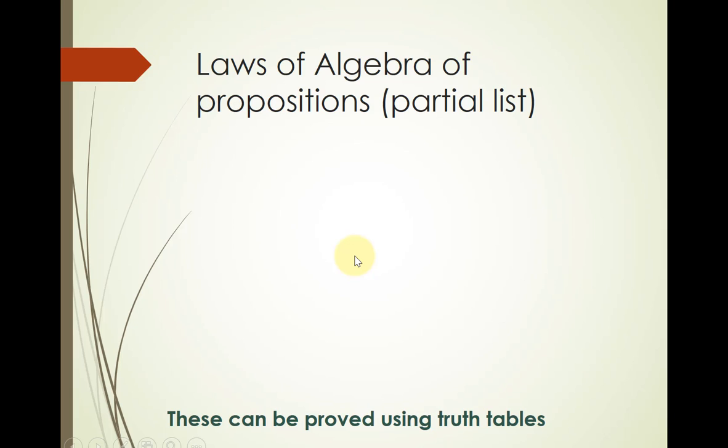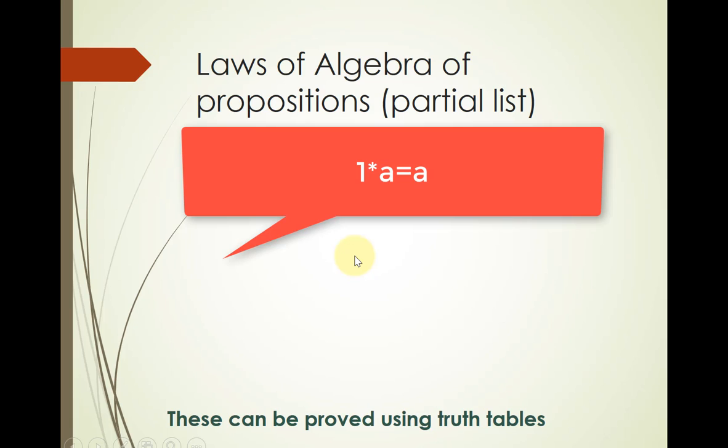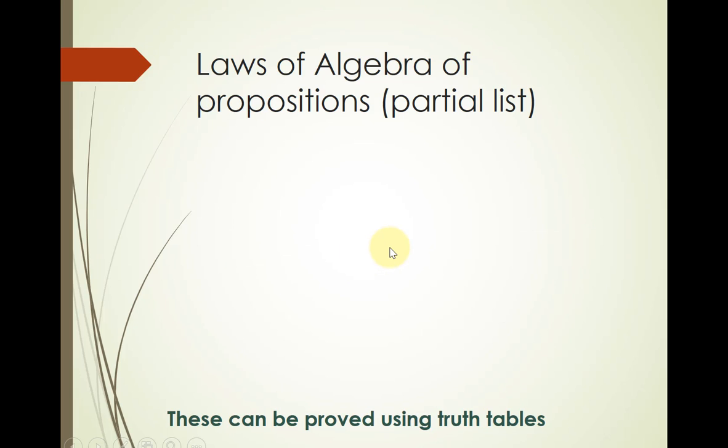And these next statements, some of them being super simple, but they can be useful. It's like saying, for example, 1 times A equals A. In mathematics, 1 times A equals A is very simple, but it can be useful. And in the same way, we have P or P is equivalent to P, and P and P is equivalent to P. That's called the identity.